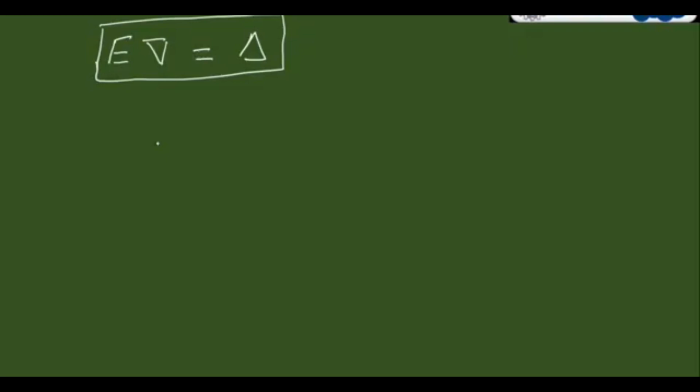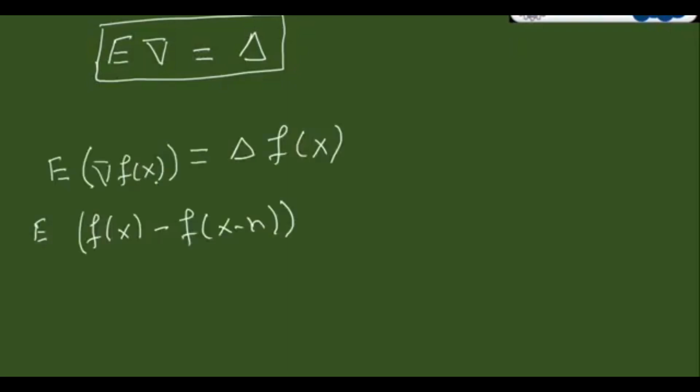The backward of f of x, you have to memorize, is f of x subtracted by f of x minus h, the previous value. Whatever the value is will be subtracted from the previous value. And now apply the shift operator on each value, so it will be E f of x minus E f of x minus h.